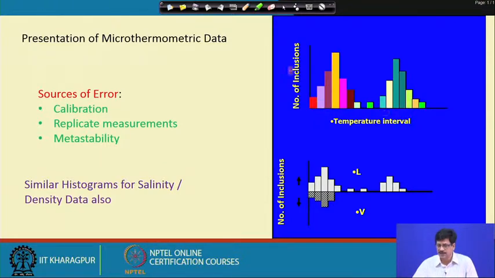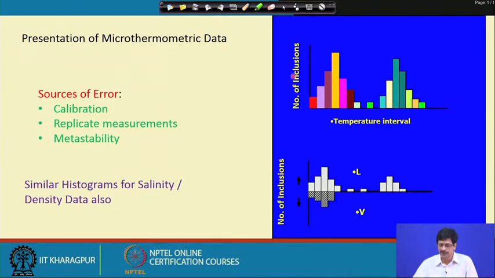Since it is statistics, we have to go by the basic rule as to how the class interval has to be chosen. The guiding factor for the class interval is essentially the minimum value and the maximum value.